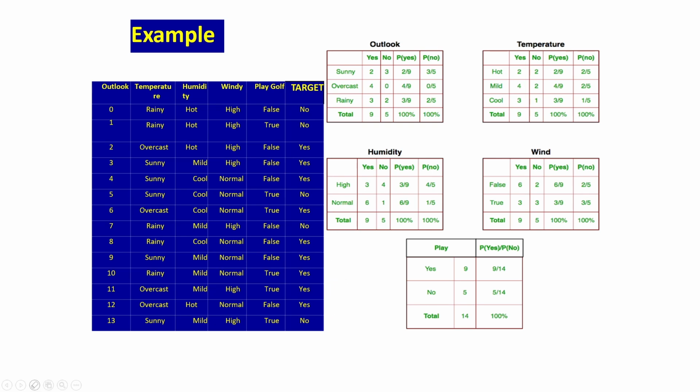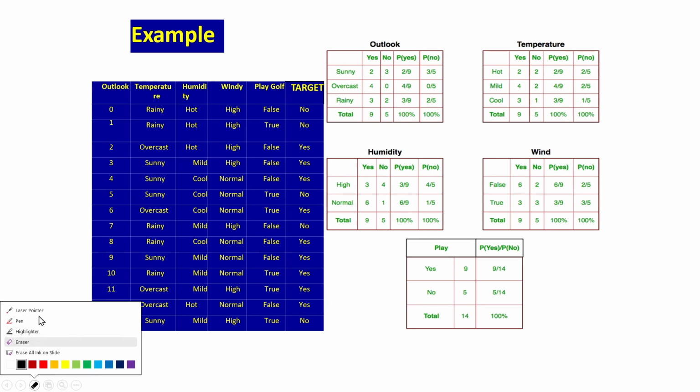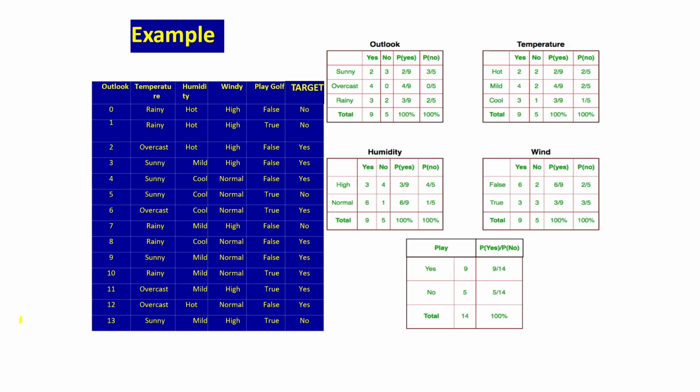So, now let us see what happened to the other condition, rainy. How many yes are there? Rainy, yes, here there is a yes, and then there is a yes there. There are 2 yes, right? Now 3 yes should be there.